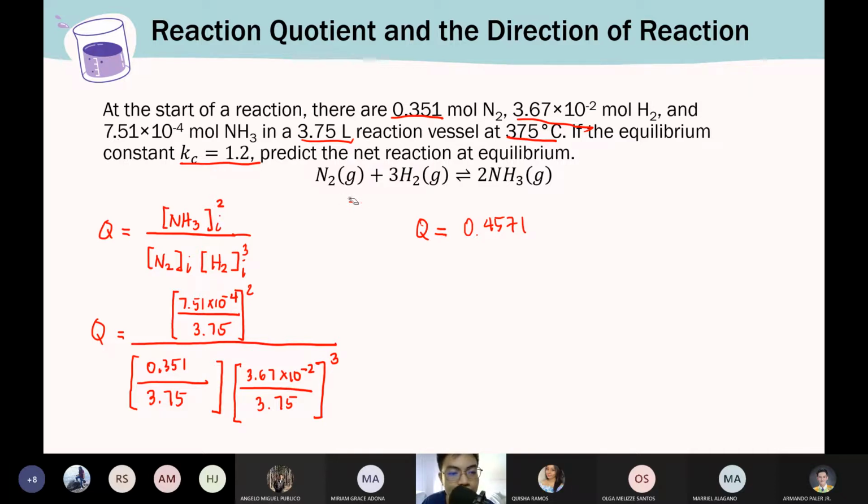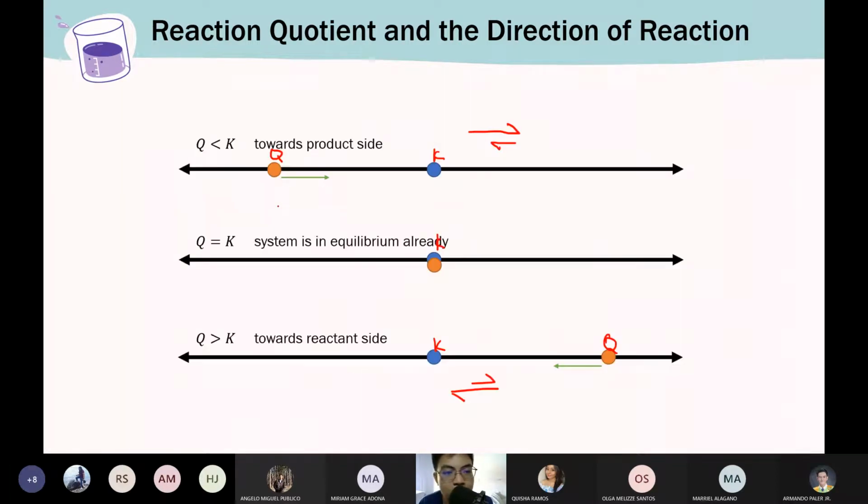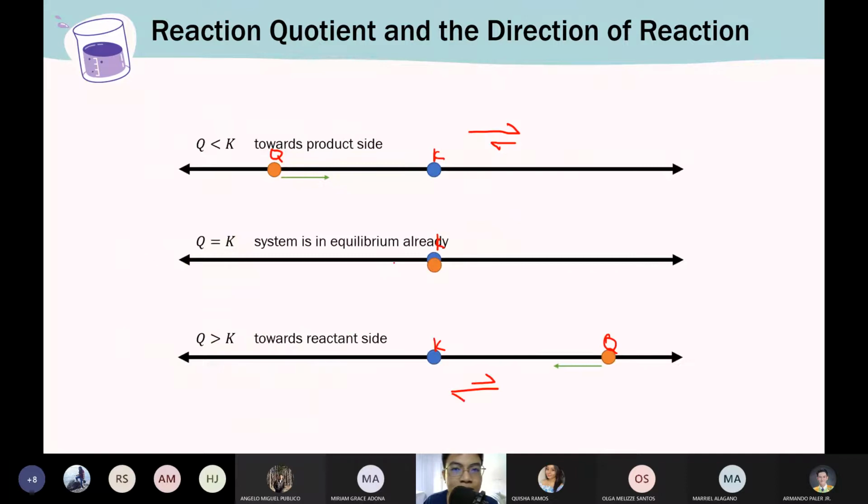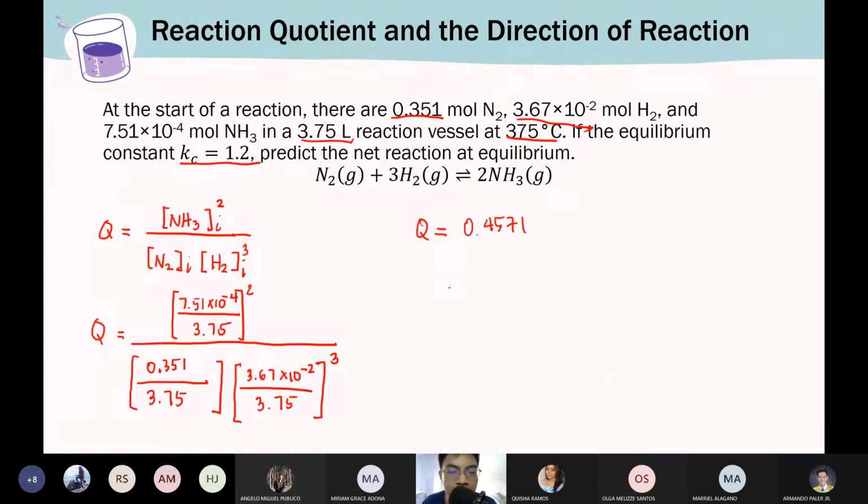So, ayan. You can just simply refer to this table. Okay, you can just simply refer to the value. But I'm a visual learner. Kasi ako, as much as possible, ayoko magkabisado talaga. So, I create illustrations. So, kunwari, your Q is this, your K is that, where the reaction is going.